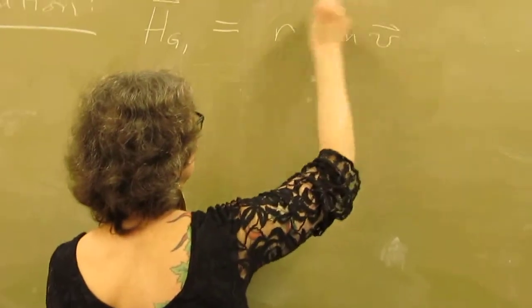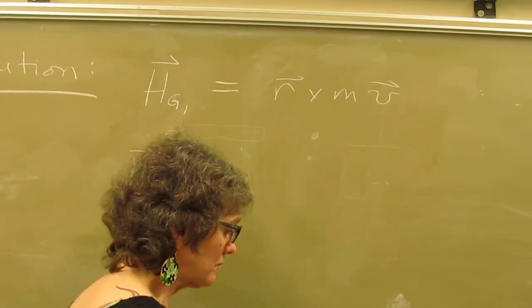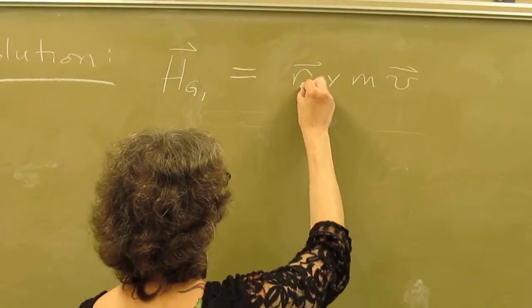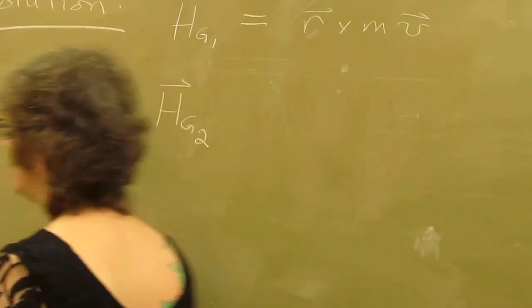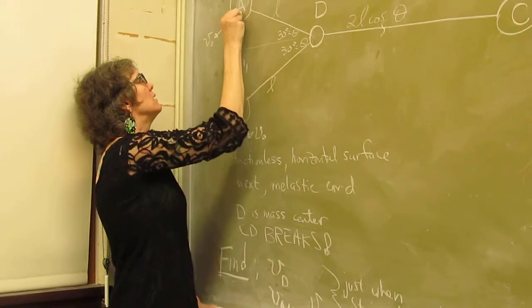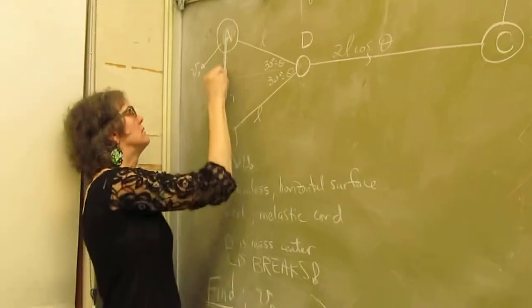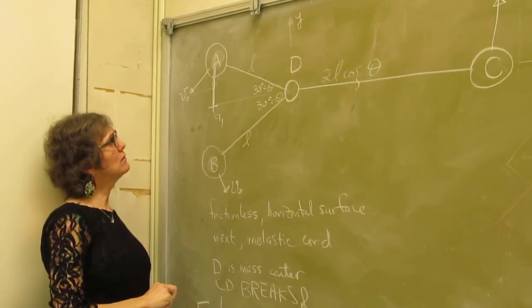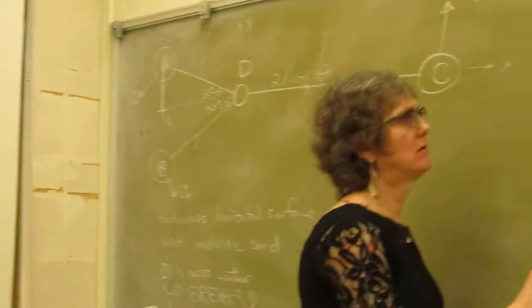It's R cross mv, right? That's the general formula. So we've got two particles here, so we'd want the R cross mv for particle A, and then R cross mv for particle B. So there's R, right? And what is it? It's L sine 30.